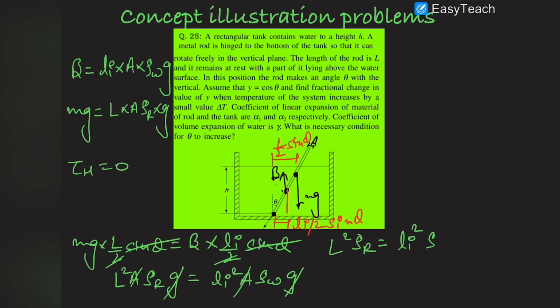square into rho water. Now we can say that L emerged will be equal to H sec theta, because L emerged cos theta is equal to H. So L square rho rod is equal to H square sec square theta into rho water. Okay, so now we have to find out cos theta.